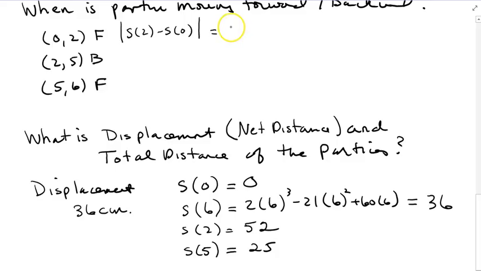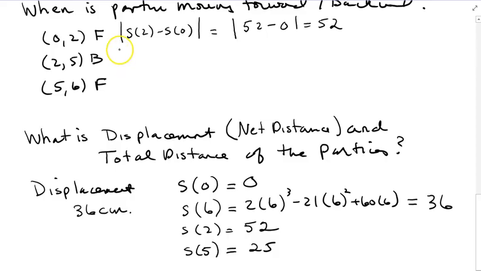So this one is going to end up being basically the absolute value of 52 minus 0, and that's 52. So in those first 2 seconds, it went really far. Then it went backwards for 3 seconds.